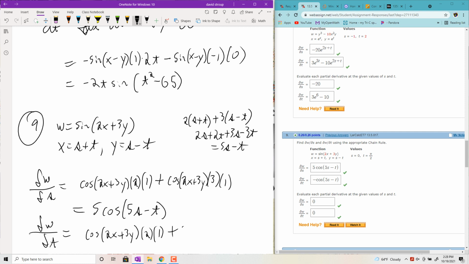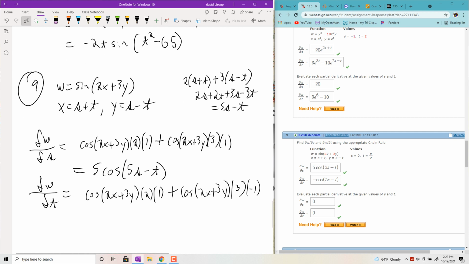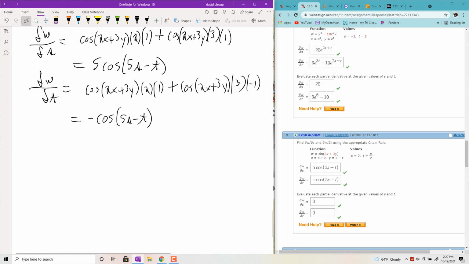And then plus cosine of 2x plus 3y times 3, and the derivative of y with respect to t this time is negative 1. So it's a little different. But ultimately, you add these together. There's 2 of the first one, negative 3 of the second one. You get negative 1 cosine of, again, 5s minus t. Alrighty then. So chain rule, you should know how to do that stuff.